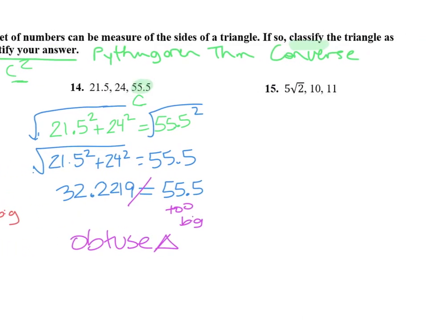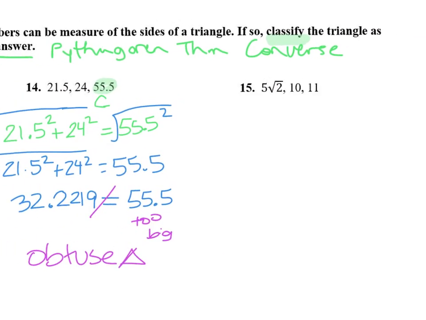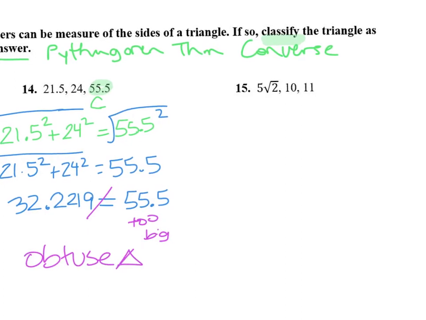Sliding on over to my last problem here. I have 5 square root of 2, 10, and 11. Now, I'm not quite sure what 5 square root of 2 is. I don't know if it's my largest number, if it's representing my C value or not. Go ahead and type it in. And we get 7.071.